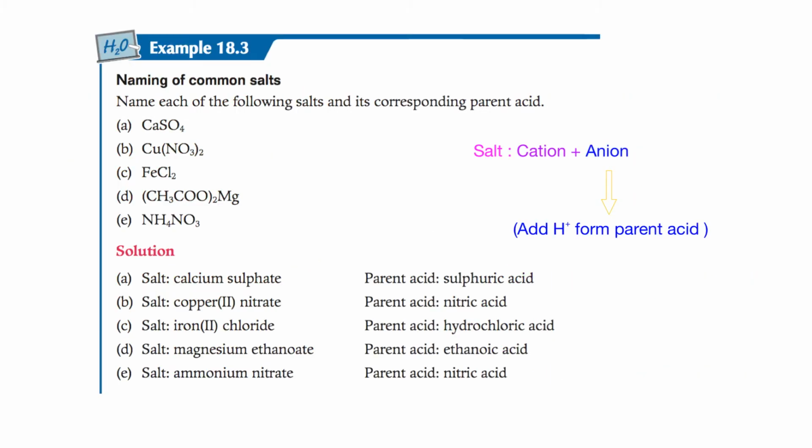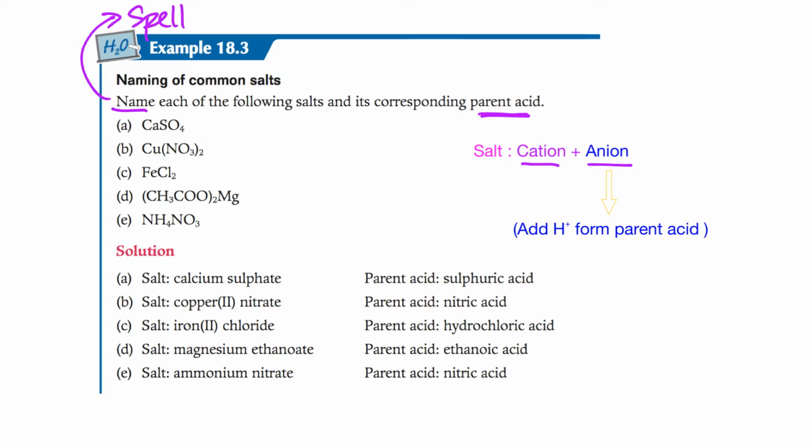So just have a quick look at examples. Example 18.3, naming of common salts. Remember naming means spelling. You have to name each of the following salts and its corresponding parent acid. The salt is composed of cation and anion. The anion comes from the parent acid.